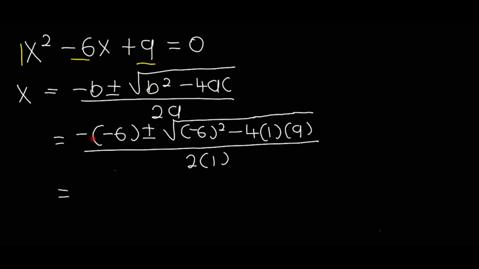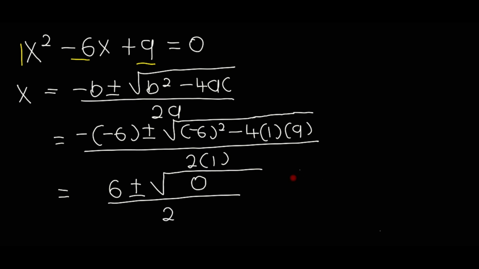Negative times negative is positive, so we have 6 plus or minus, and then when we press the calculator, this part gives us 0, so we have 0, and then divide by 2.